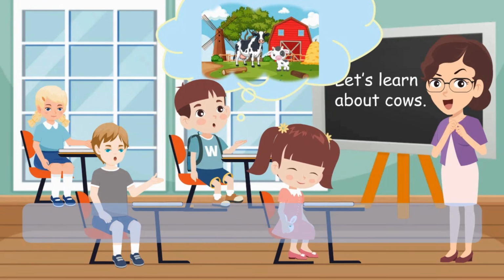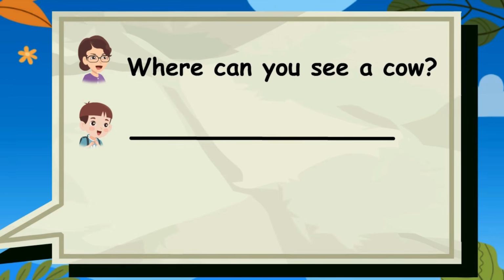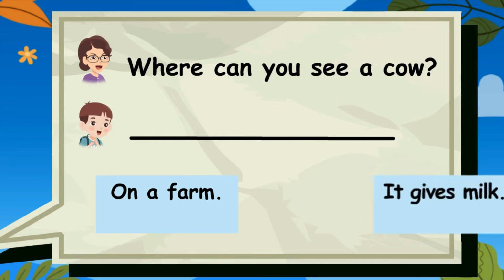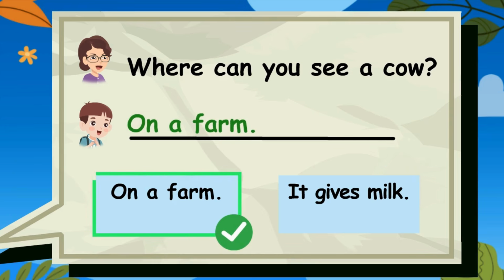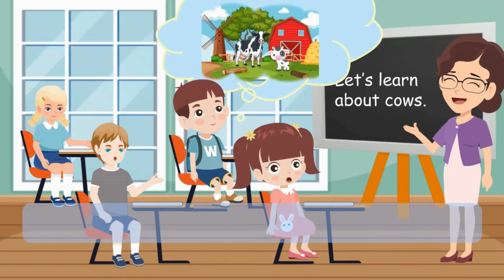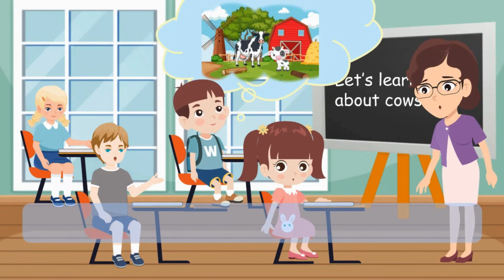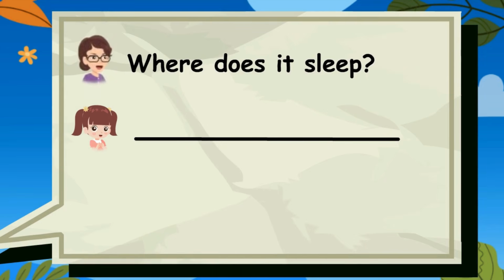What did Max say? Where can you see a cow? On a farm. It gives milk. What did Lily say? Where does it sleep?